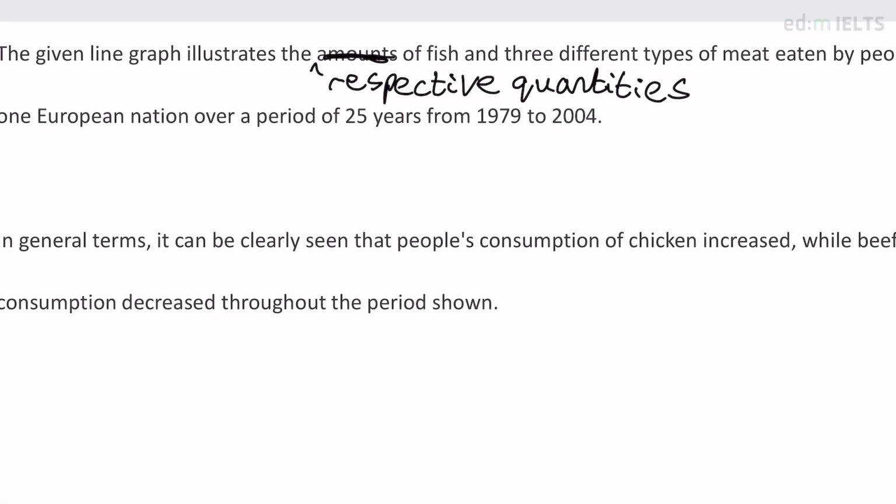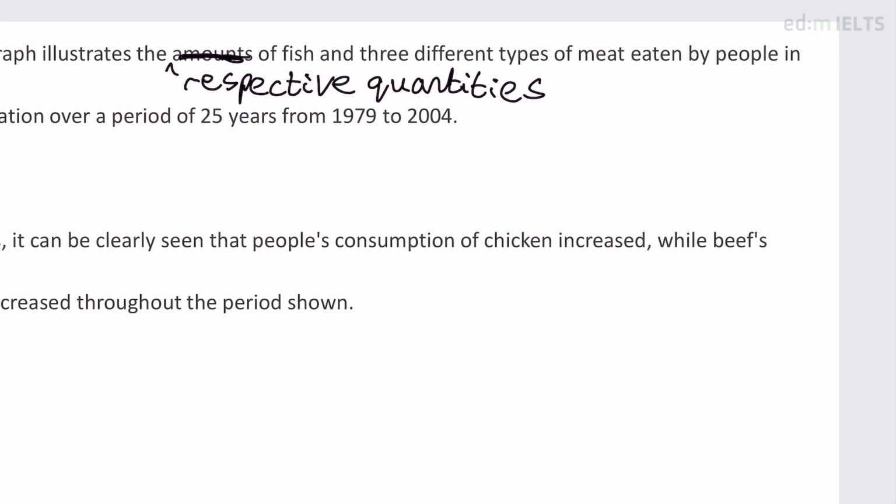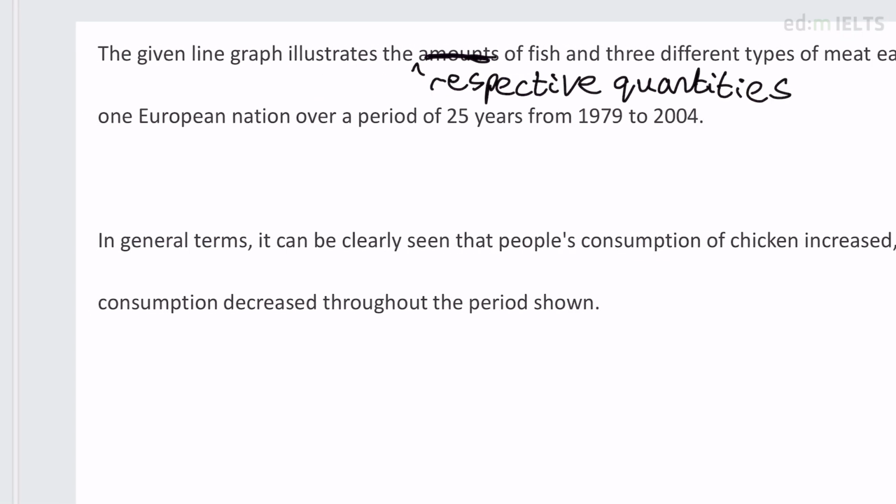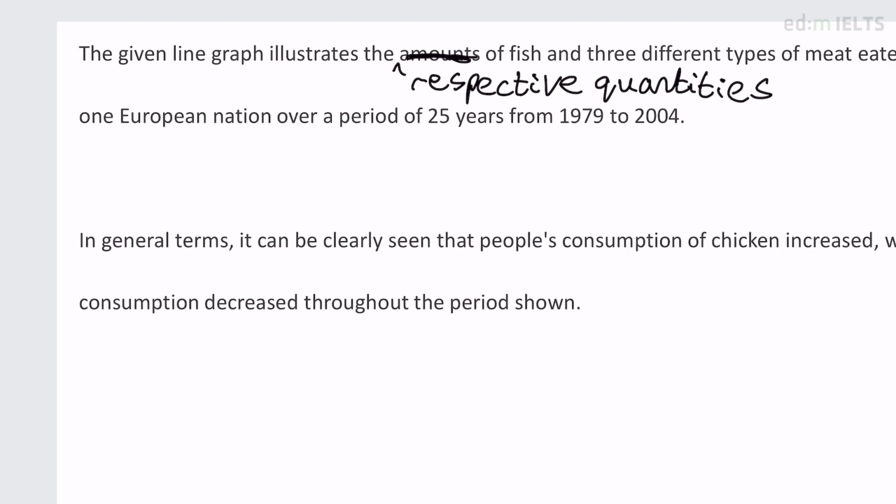I'm not using my red pen, I'm using my black pen. That means it's an improvement rather than a kind of bad error. One European nation, yeah, it's true. Maybe I'll just add that it's unspecified which one it is. It's unnamed or unspecified.